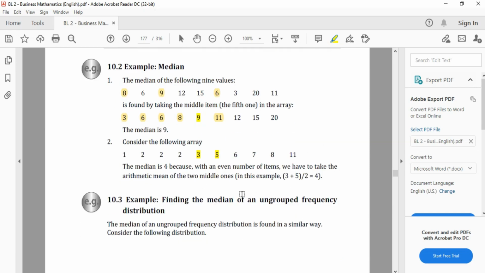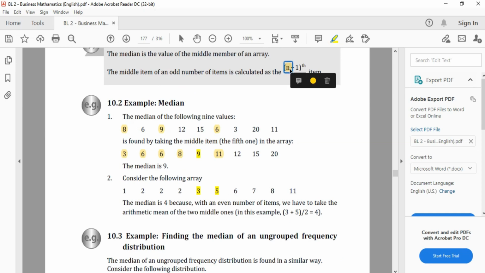Okay, so now let's apply the formula. N, what is N? N is the two values that is not letting us get a middle value. Now in the previous case we had a middle value naturally, right?